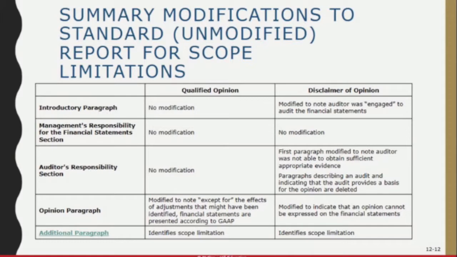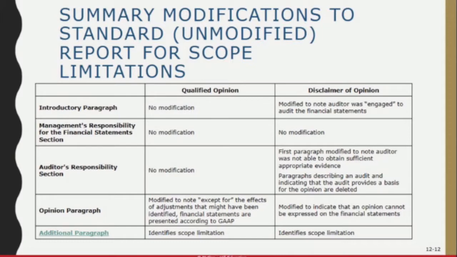And then this last part of that paragraph is just gone, because you can't say we perform on a test basis, we provide reasonable assurance, because you're not doing any of those things. So that paragraph, the basis, is deleted. The auditor then adds an additional paragraph, as you'll see, which explains again the scope limitation, and then modifies the audit opinion to say, not except for, that we do not give an opinion.